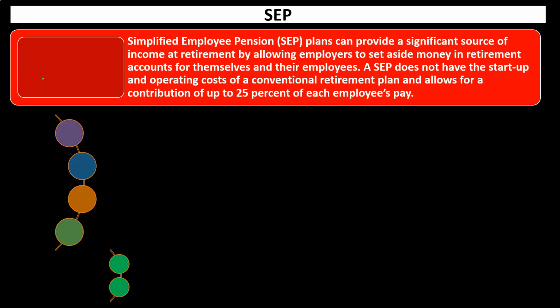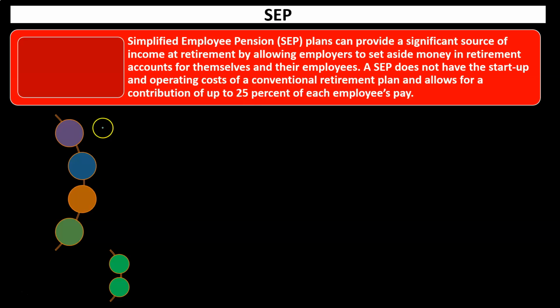So a SEP, Simplified Employee Pension. SEP plans can provide a significant source of income at retirement by allowing employers to set aside money in retirement accounts for themselves and their employees. A SEP does not have the startup and operating costs of a conventional retirement plan and allows for contribution of up to 25% of each employee's pay.